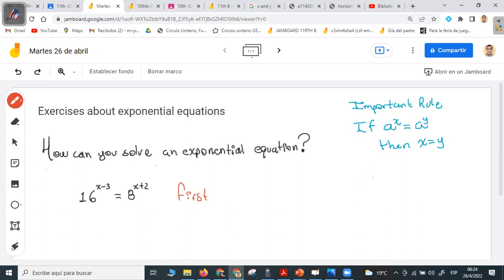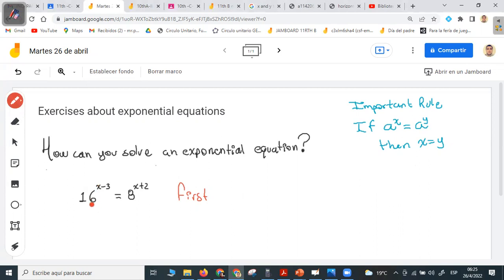I mean, if I have 3 to the power of 4, and then this is 3 to the power of something, this something must be 4. I think so, because this is the only way we have those expressions being equal. So be careful with this property. It is useful just when we can work with the same base.